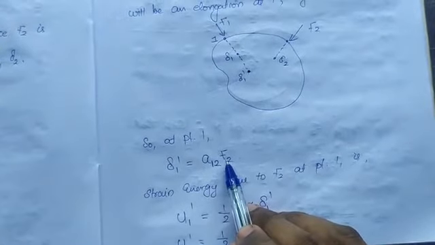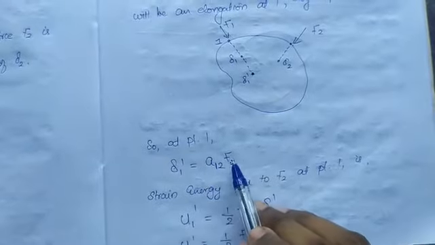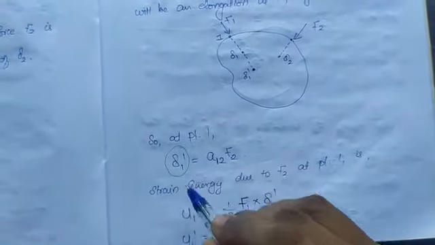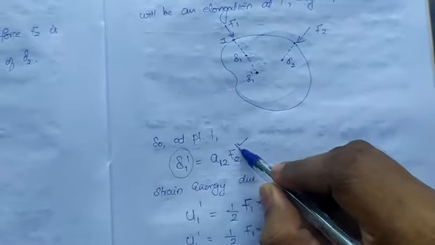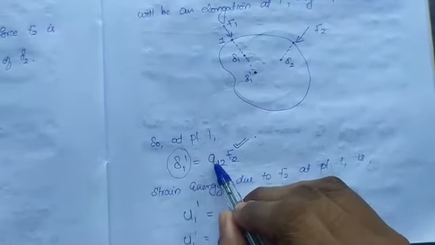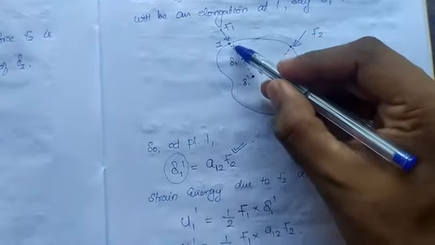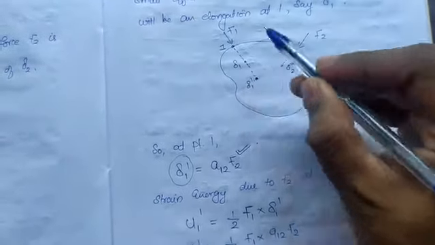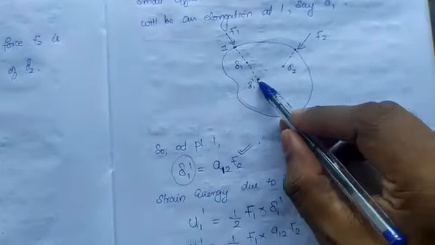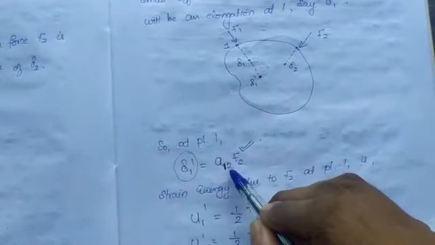Why does this come here? The force which causes this displacement delta 1 dash is due to the force F2, right? And the influence coefficient is written like this because the displacement is caused at point 1 due to the force at point 2, A12.